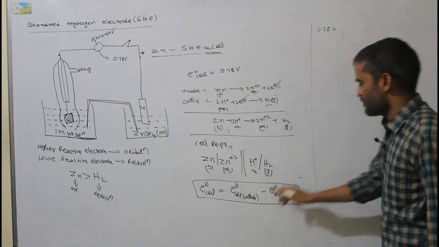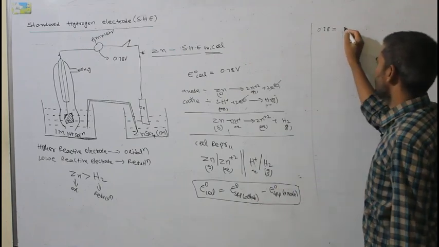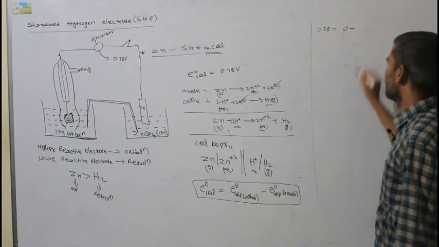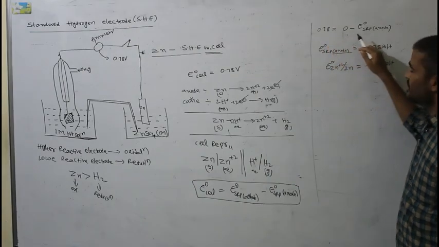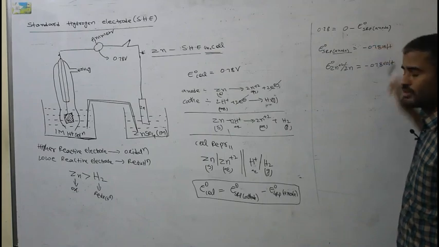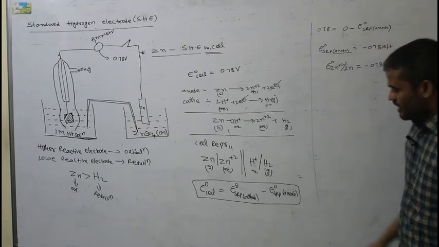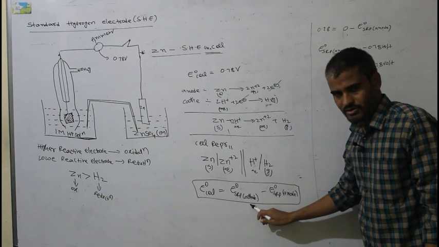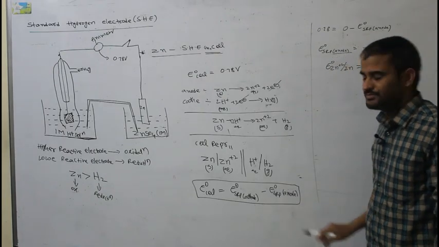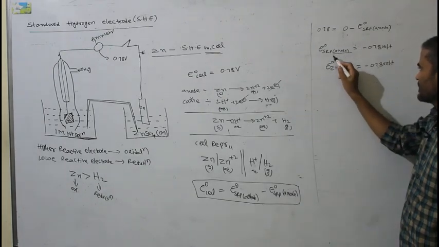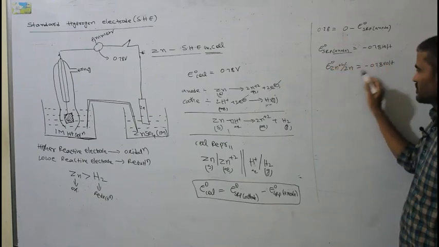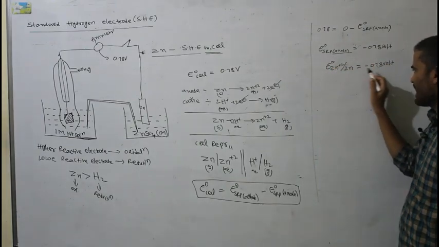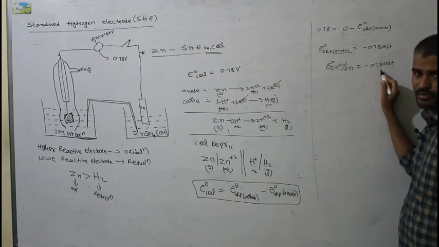So 0.78 equals 0 minus the standard reduction potential of the anode. So the standard reduction potential of the zinc electrode is minus 0.78 volt.